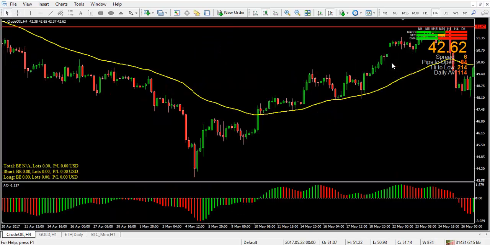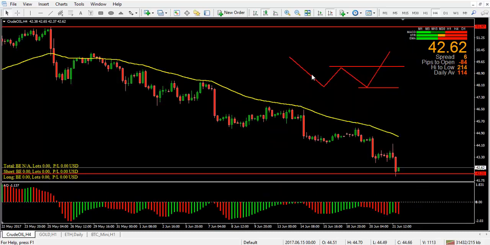So if you can see here very closely, there's a huge possibility that we'll have a W pattern. So W is forming.